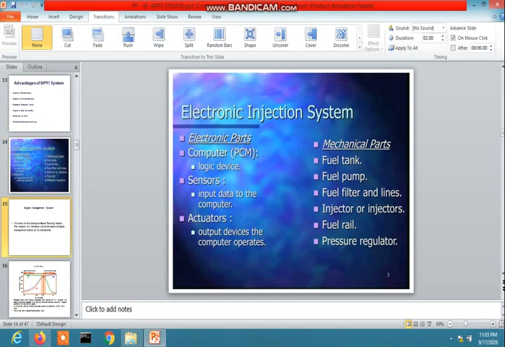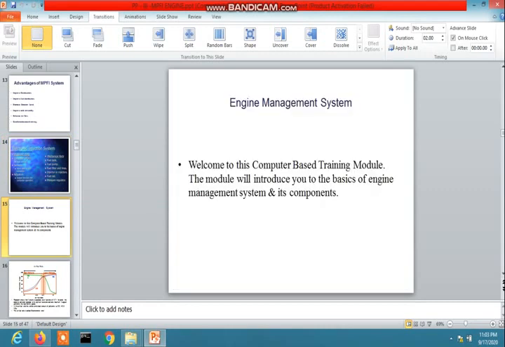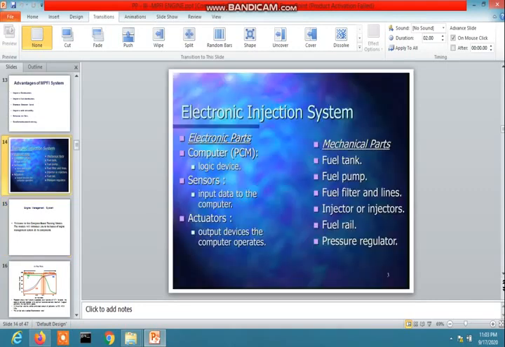Now this is the engine management system. Before starting the engine management system, we should also know some advantages of the electronic injection system. First of all, it improves the volumetric efficiency.